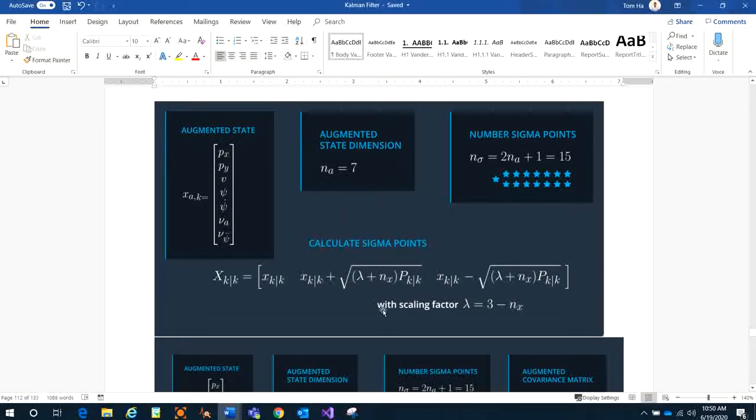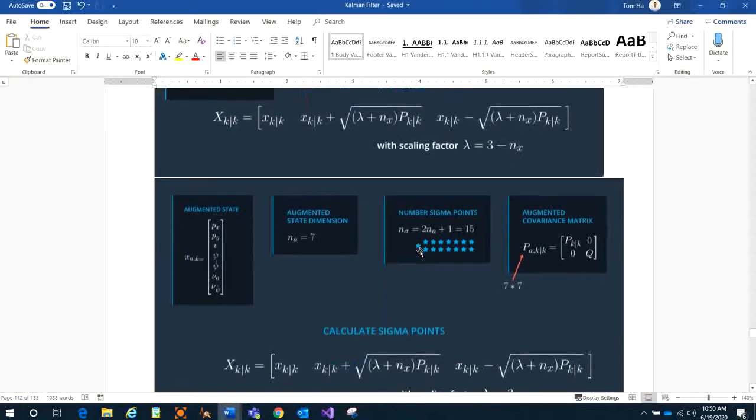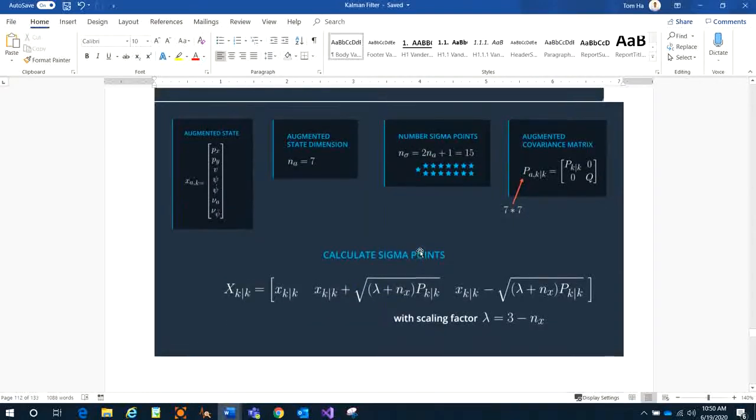We use the same thing to generate the sigma points, the formula generates sigma points right here.